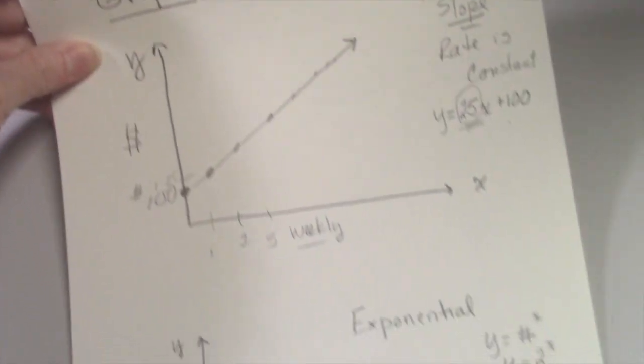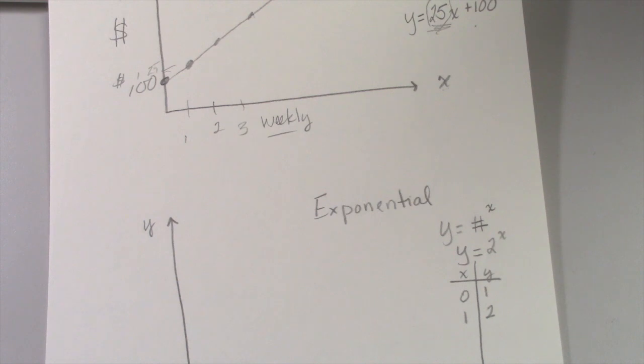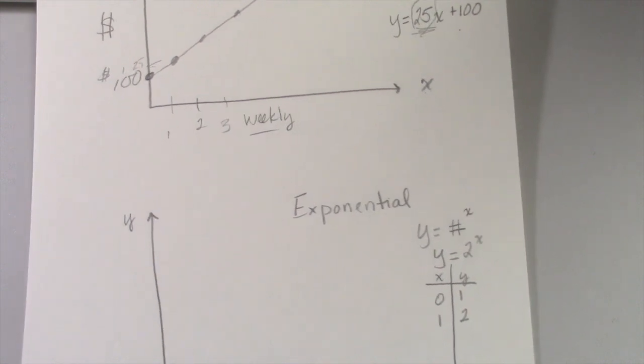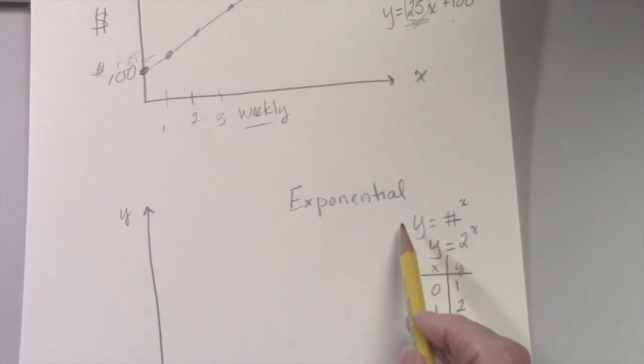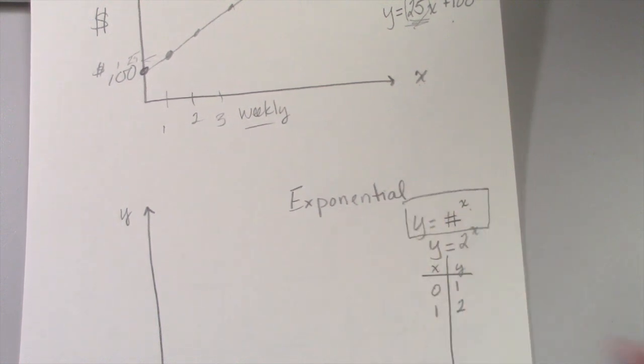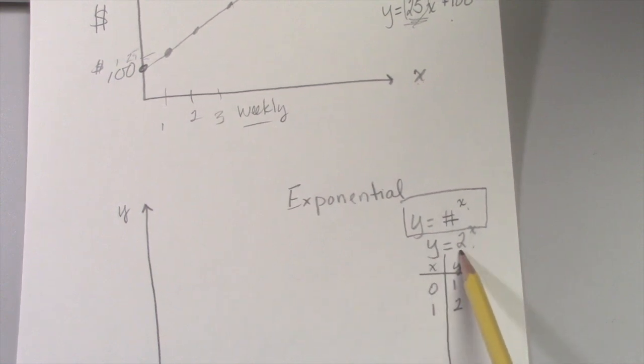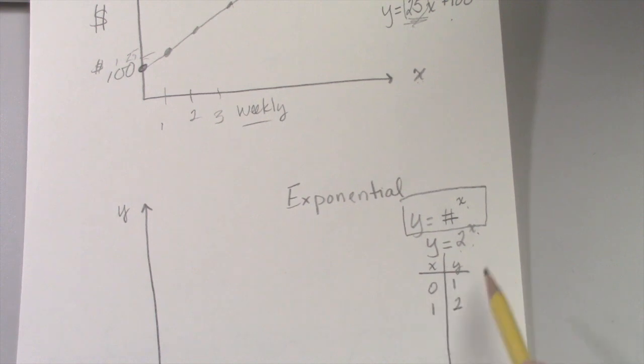So I want to show you what an exponential growth would look like on a simple graph, okay? Here's an example of an exponential growth. It's y equals some number, and the x is in your exponent place. So I made up an example: y equals 2 raised to the x. If I had to graph or chart out the points, I'm going to start just in the positive zone.